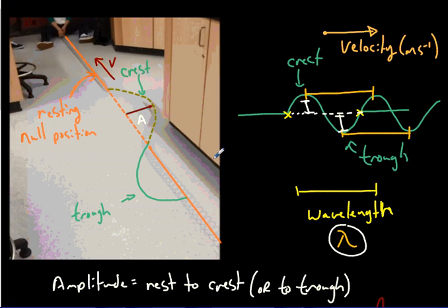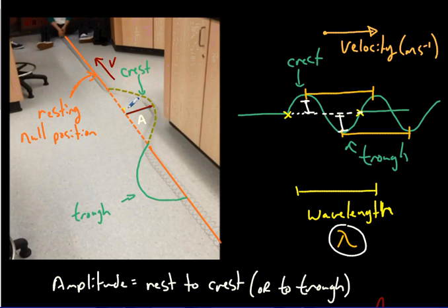Here's a little shot from that video, and what we're looking at is this blurred out section. What you noticed is that the medium is disturbed perpendicularly to the direction that the wave is traveling. So we've got the velocity in this direction, but the disturbance in this direction.